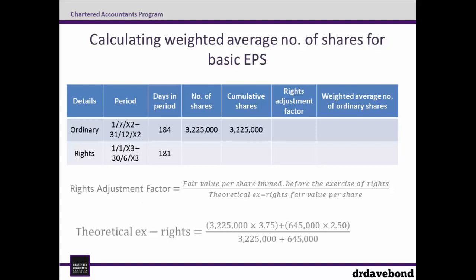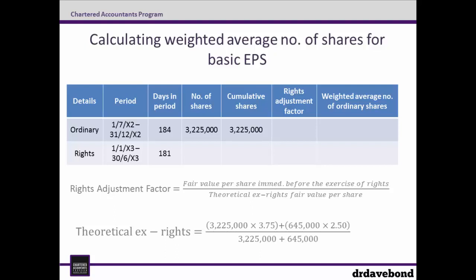In this case, the fair value of outstanding shares is the 3,225,000 shares multiplied by the 3.75 share price, and the proceeds amount is the 645,000 shares issued, so 1 for 5 on the 3.225 million, issued at the 2.50 issue price.